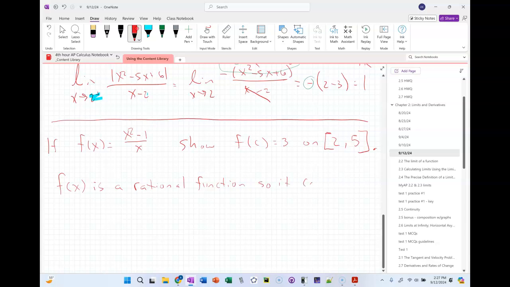So it's continuous over its domain. What's its domain here? All real numbers except for 0. You could write it in words or you could write it as an interval or whatever, but that's enough. So we have continuity. Then what do we need to do?